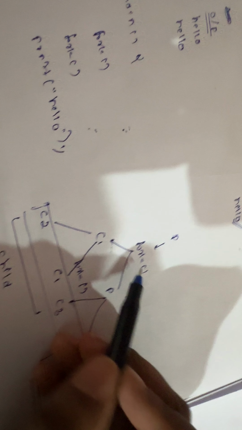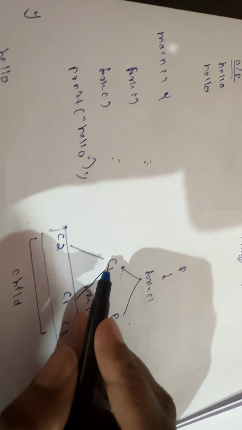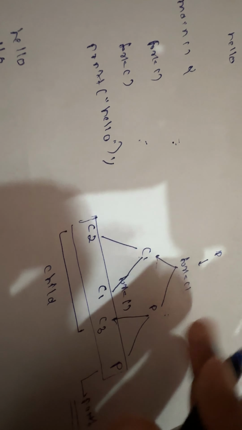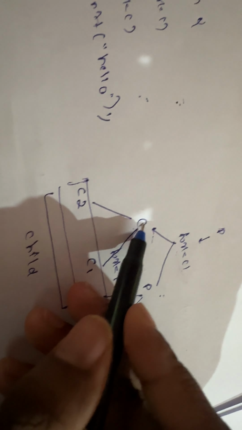Similarly, if I'm calling fork 2 times, this parent would create 2 child processes. In one fork, there is one child process and one same process. Now when I'm calling fork again, this would create a child process, and this would remain the same. This would also create another child process, and this would remain the same. So in total you get 3 child processes and 1 parent process when you call 2 forks.